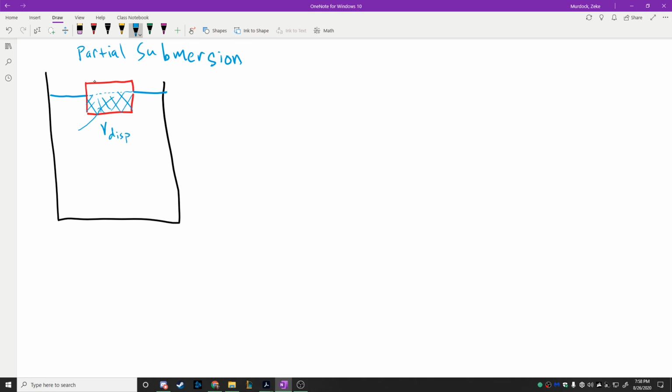That stands for the volume of fluid displaced. Another way to put it is it's basically the volume of the object that's actually below the surface.